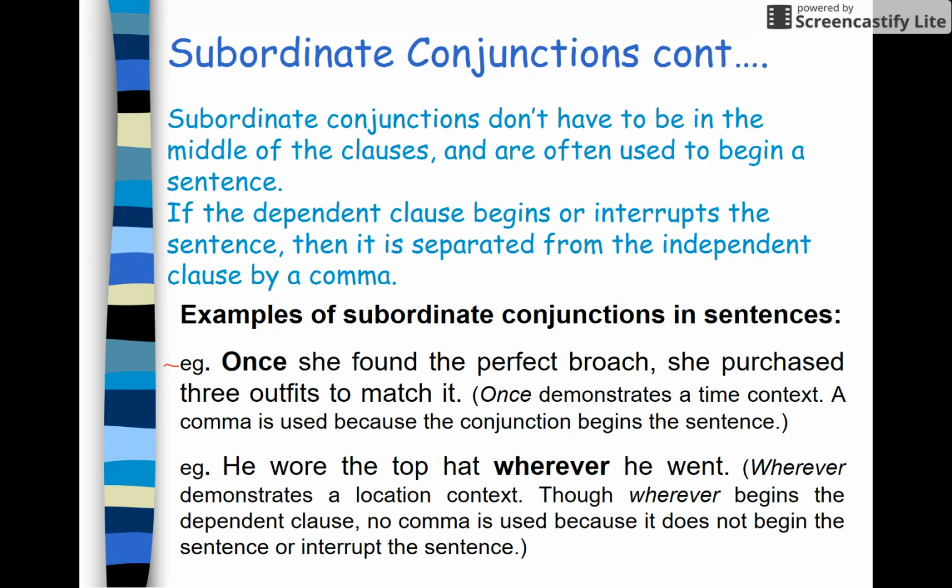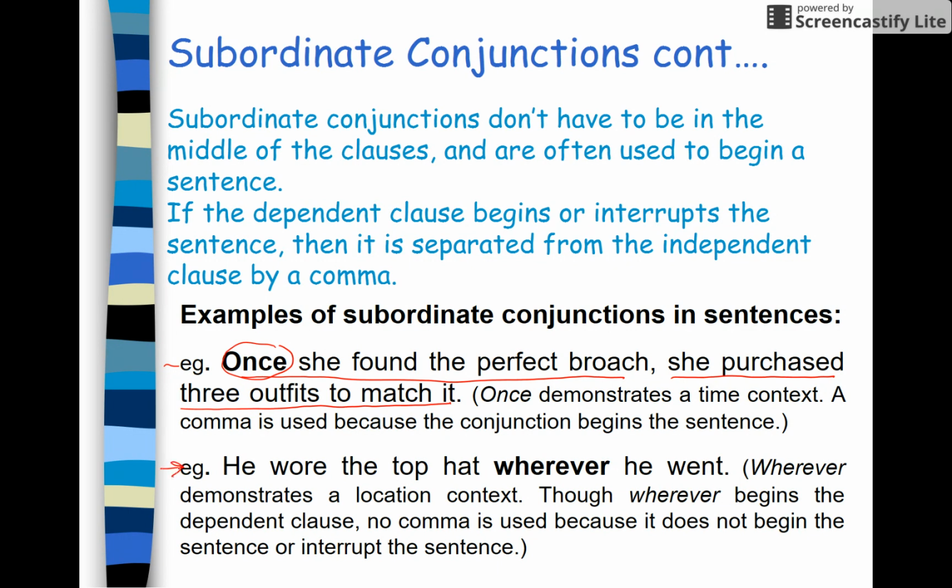Now here we have our main independent clause: she purchased 3 outfits to match it. Now once indicates or demonstrates a time context, that one thing comes after another or one thing results in the next thing happening. Okay, so we have our dependent clause here, then a comma, then our main idea.